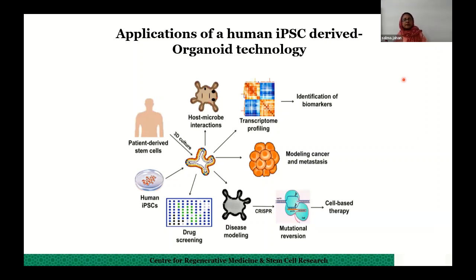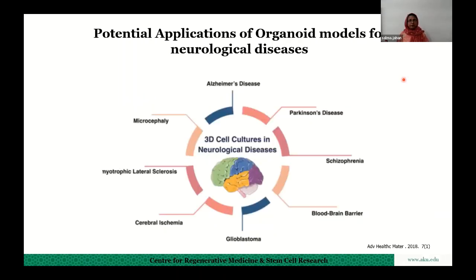Importantly, in the field of drug screening, the organoid model is very close to the in vivo model system. So in coming years, the potential of organoid models for the multiple neurological diseases you see in this figure, whether neurodegenerative diseases, neurodevelopmental disorders or brain cancers, can be utilized.